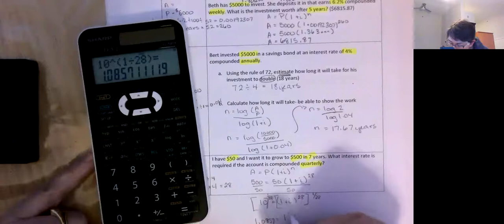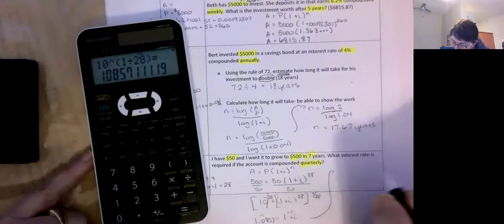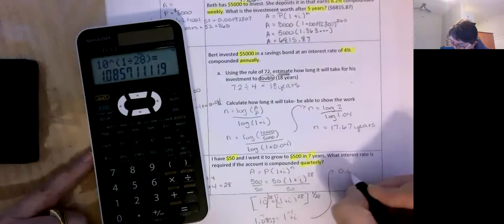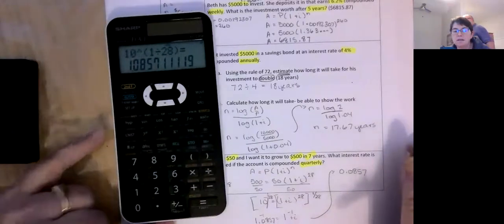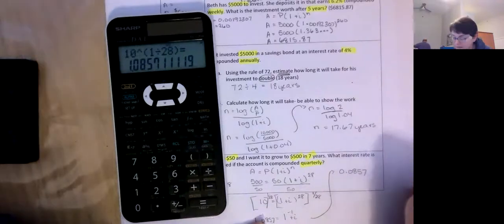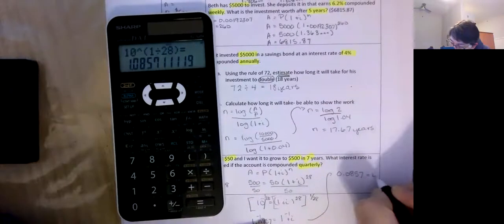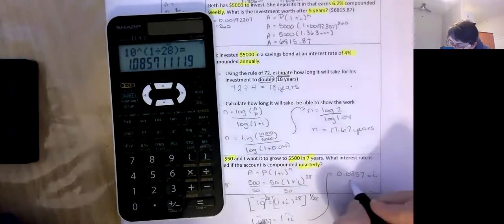Okay, we want I by itself, so I'm going to go minus 1, minus 1. So 0.0857, and I just randomly rounded to that. And that's going to be I, but that is per quarter, and as a decimal.